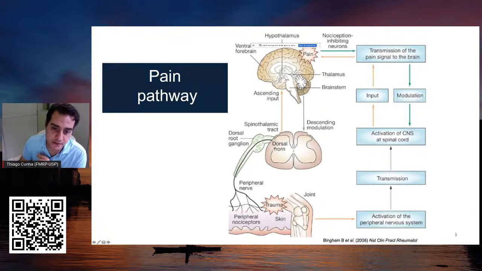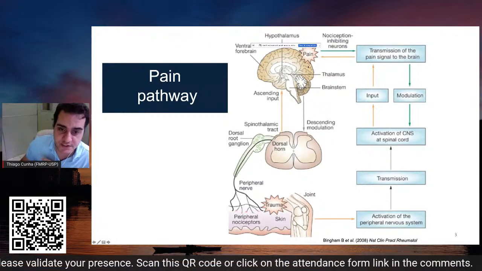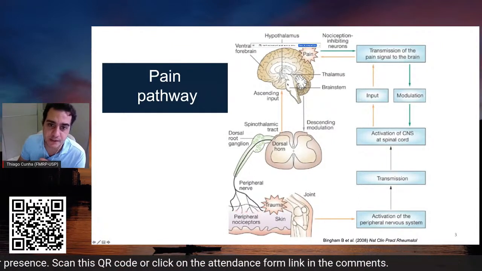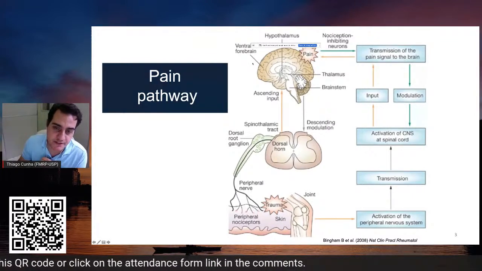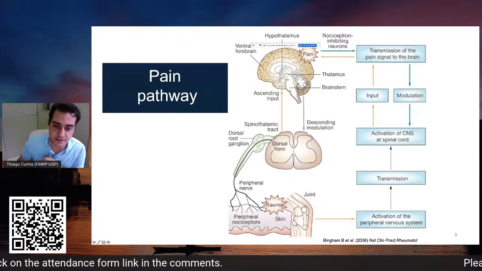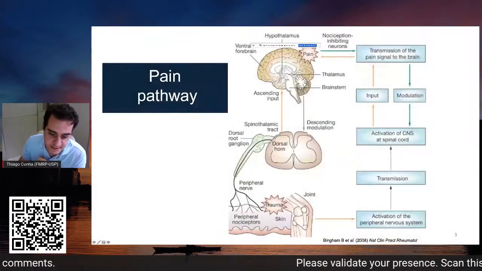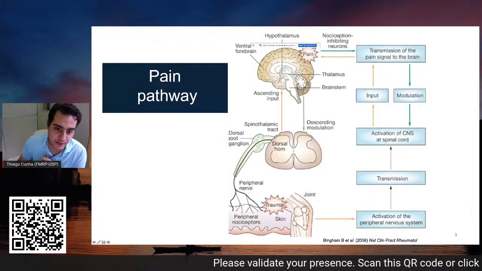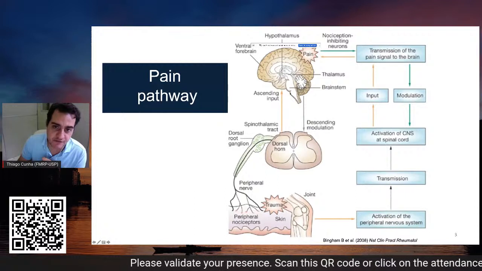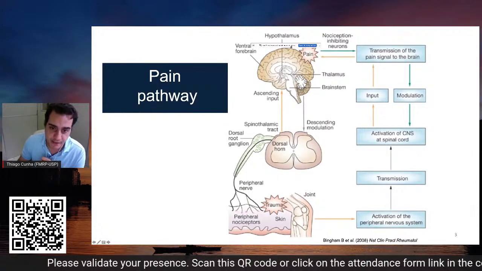And these stimuli travel until they reach the somatosensory cortex, where there is a perception of pain in the cortex. So when you have dysfunction in this pathway, we may have the establishment of chronic pain.